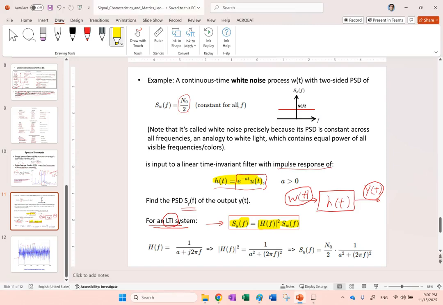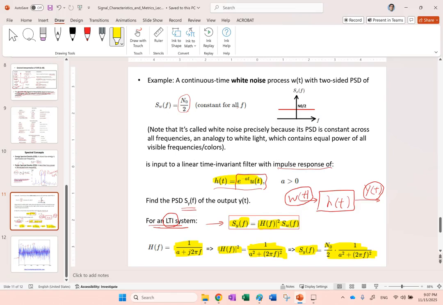And this formula is extremely important. So for a decaying exponential, as you know from my previous video, the Fourier transform is this guy here, 1 over a plus j 2 pi f. And if we take the magnitude of it and square it, this is going to be 1 over a squared plus (2 pi f) squared. And now I multiply by n over 2, and this is going to be the power spectral density of the output.